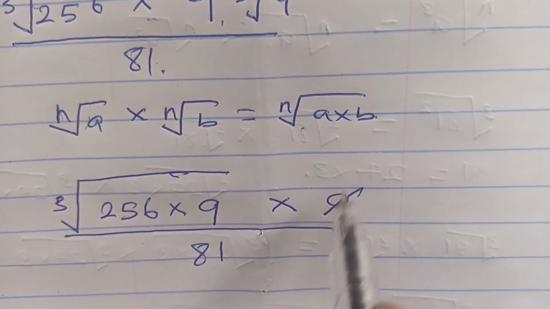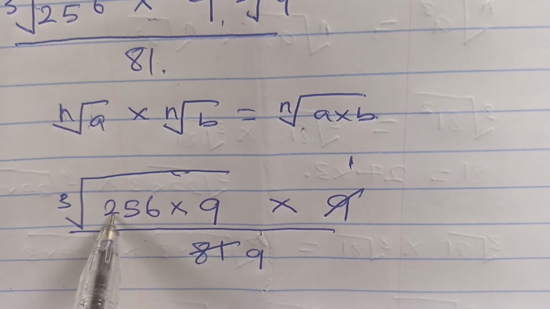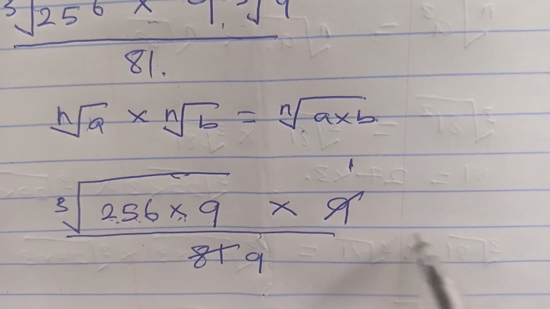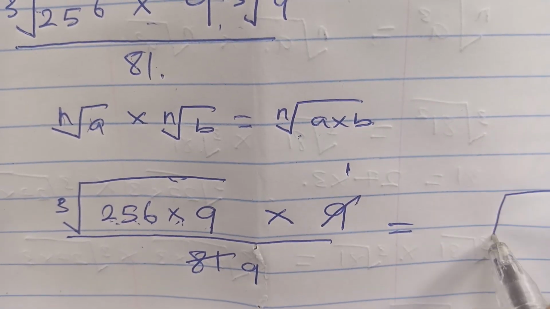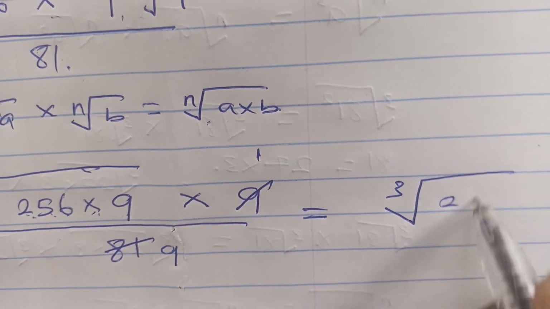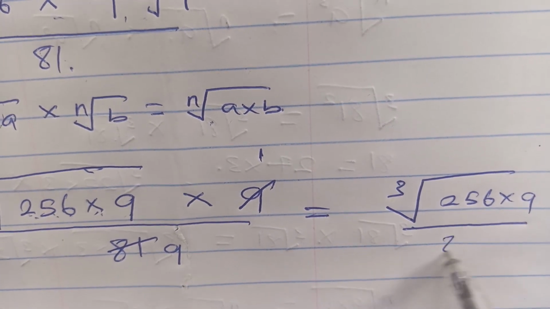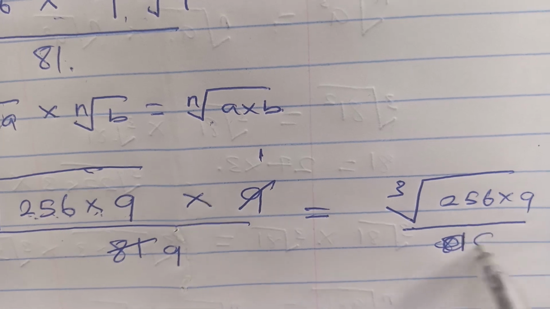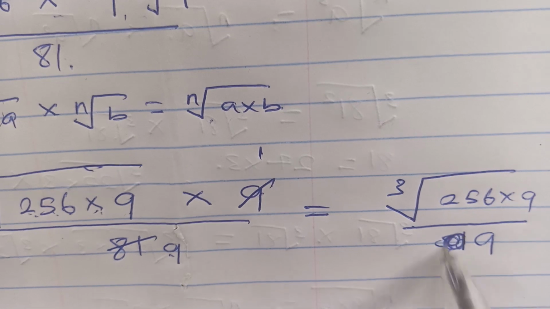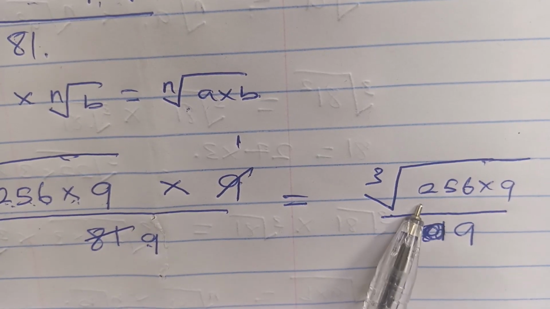We say 9 here, 9 here is going to give us 9 over 9, because we divide by 9.